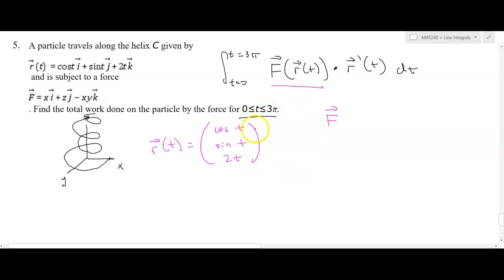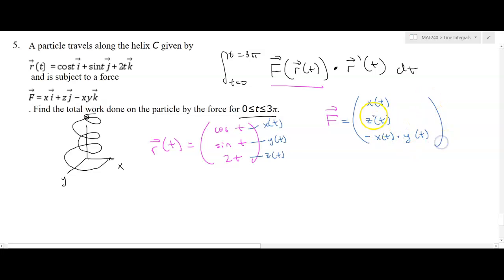So this is my x of t, that's my y of t, that's my z of t. Then to get the force vector in terms of that, I see the force is x of t, then the y component is z of t, and the z component is the product of x of t times y of t.